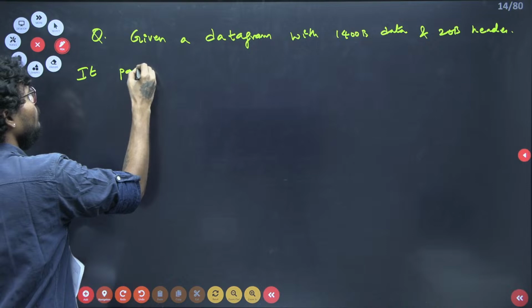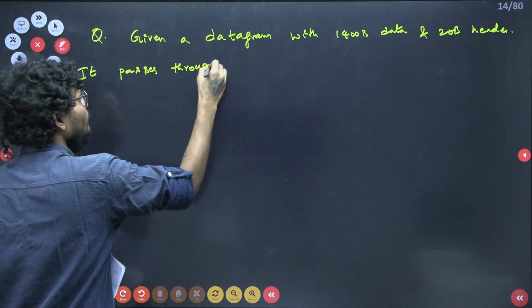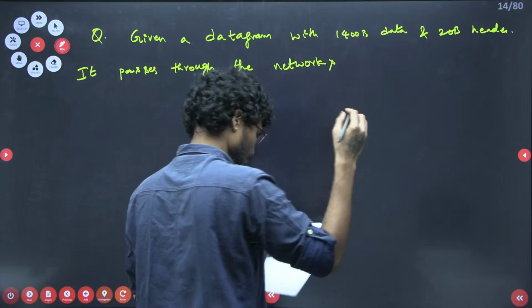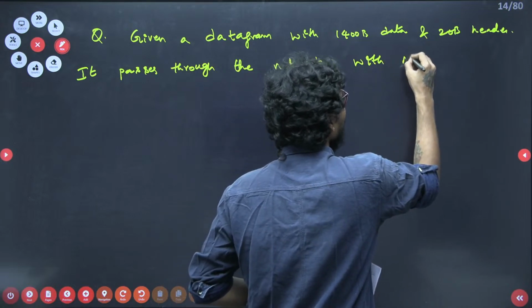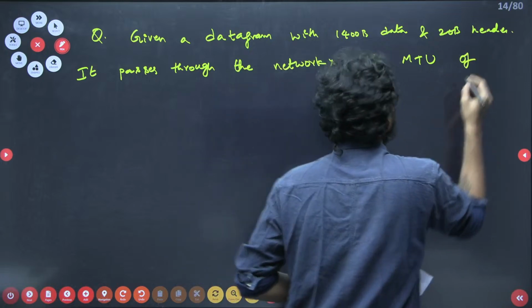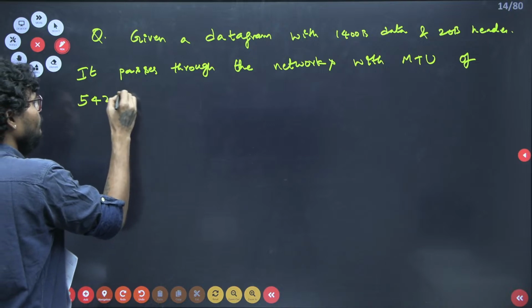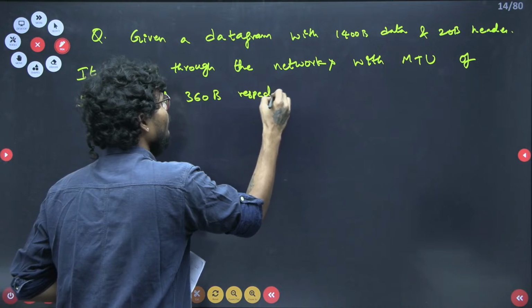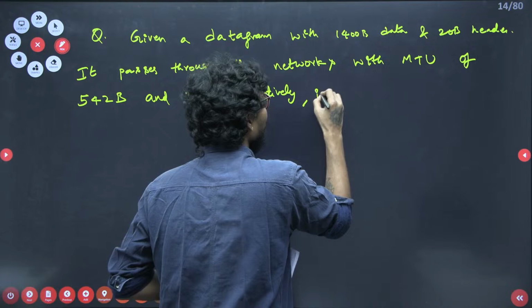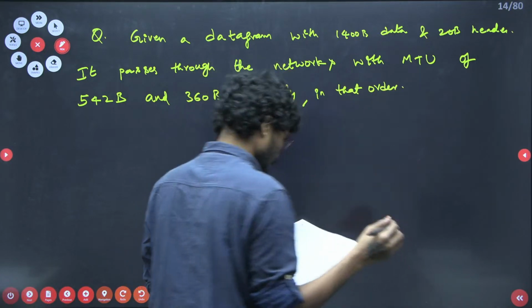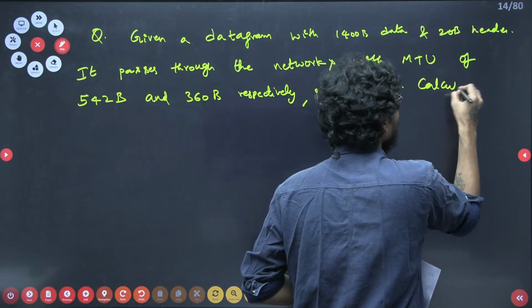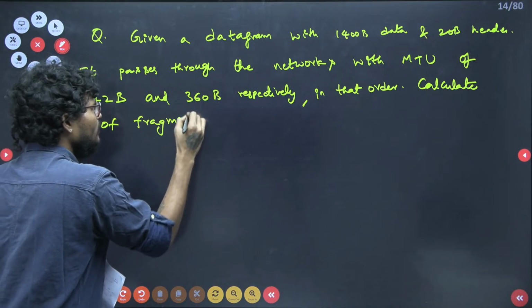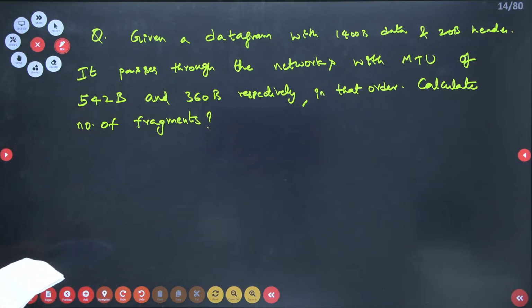It passes through the networks with maximum transmission unit of 542 bytes and 360 bytes respectively, in that order. Calculate the number of fragments. We need to calculate the number of fragments.